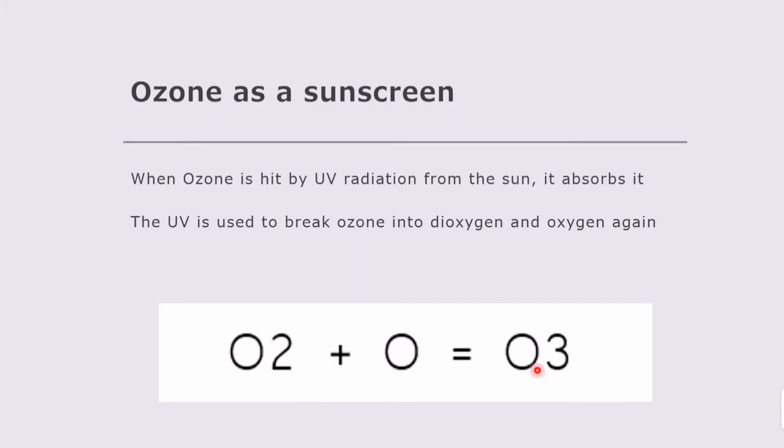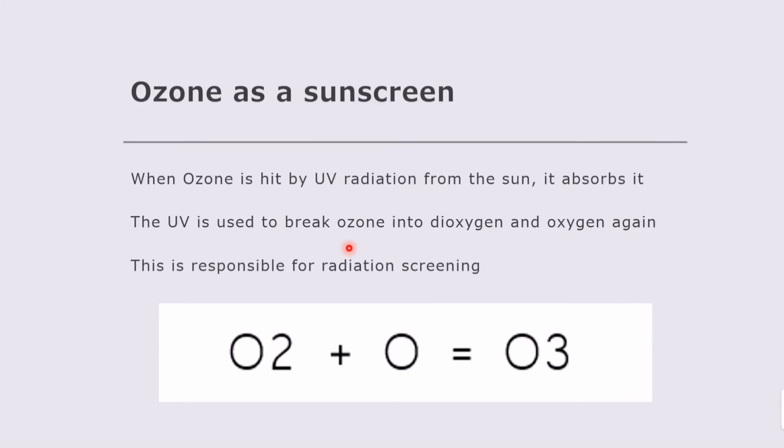This reaction is actually a reversible reaction, meaning the formation and depletion naturally occur at a similar rate. Our oxygen is forming our ozone due to these photochemical reactions in the presence of light, and our ozone is being depleted at the same rate by absorbing this UV radiation.